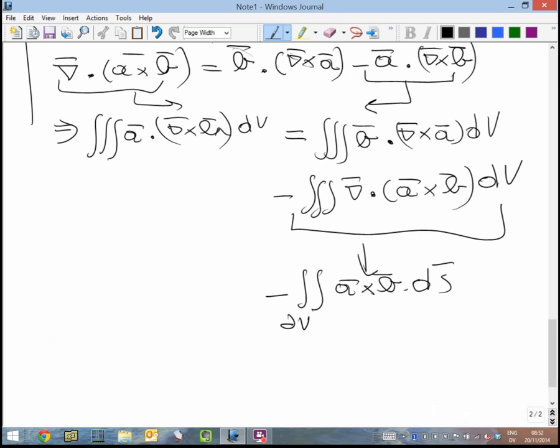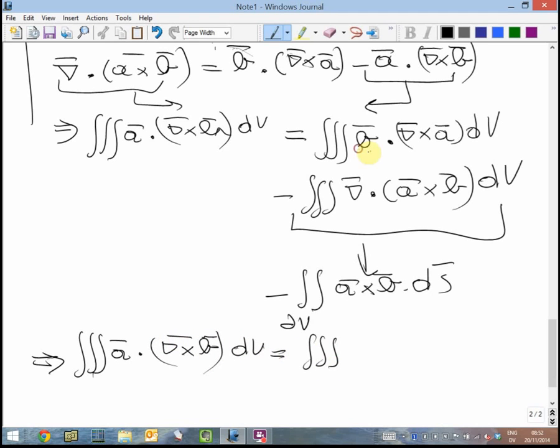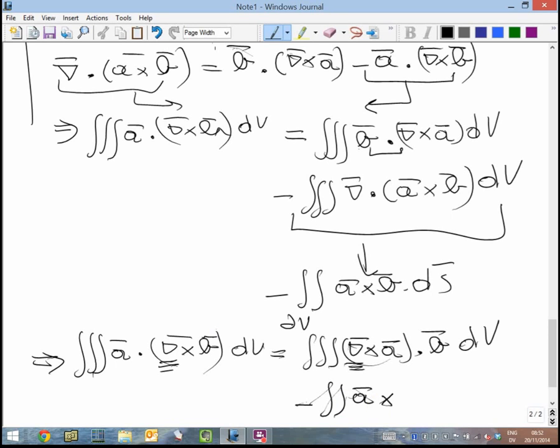So finally, if we bring everything together and make it a bit more cosmetically pleasing, we have a volume integral of A curl B dV, and we can transform this into a volume integral, and then let's just exchange the order, of curl A with B. So remember what we've done here is we have the curl operating upon B, and now we have it operating upon A. We can exchange that, and there's a small price to pay, and this price is a surface integral, the surface integral of A vector B dS.